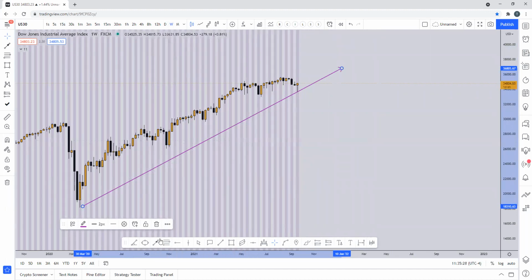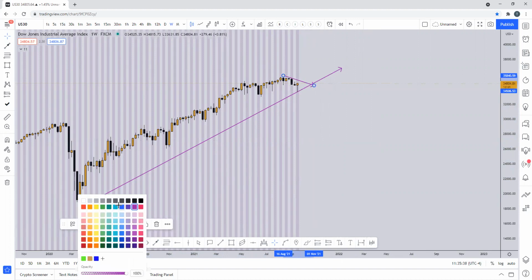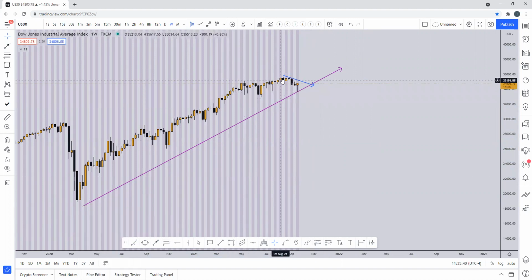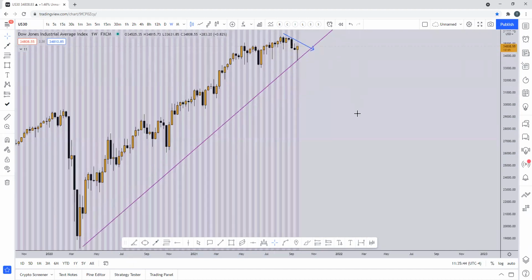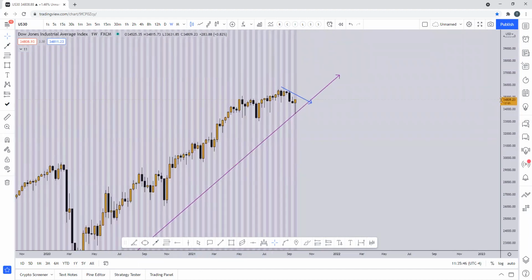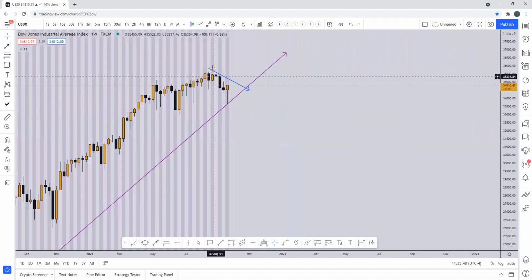On the weekly time frame, again, you want to start at your highest or lowest point and just draw your line. Now, I understand technically there's no wick right here at the top. I'm going to make it a little bigger for you to see. There's not a wick up here. I do understand that.